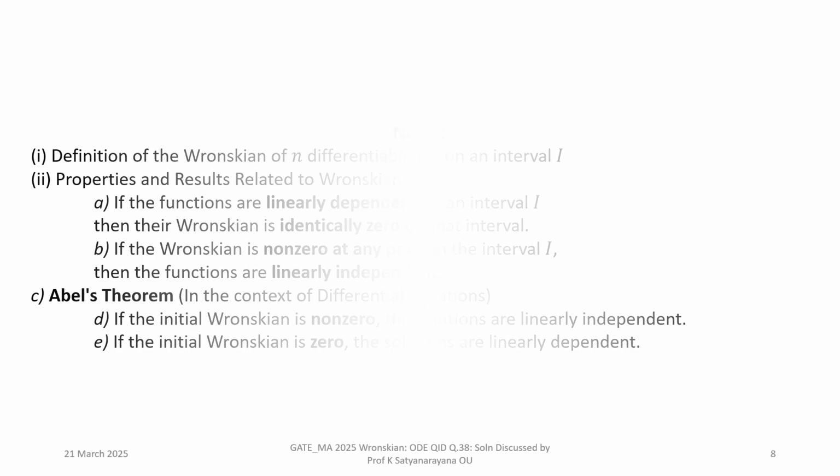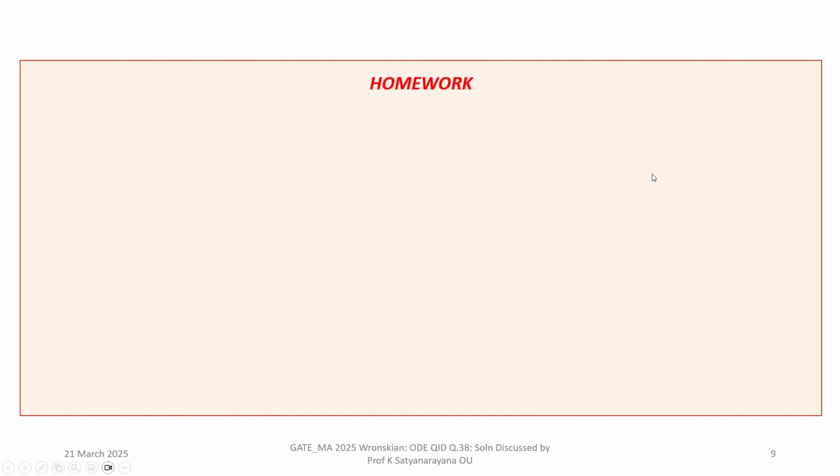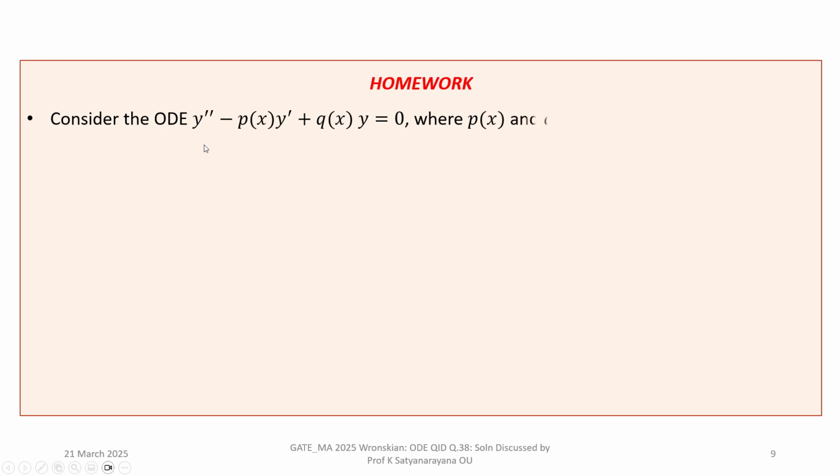So, with this, here is a problem for your homework. Consider the ordinary differential equation y double prime minus p of x into y prime plus q of x into y is equal to 0, where p of x and q of x are smooth functions.